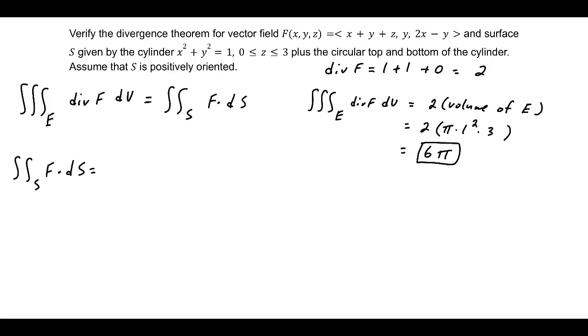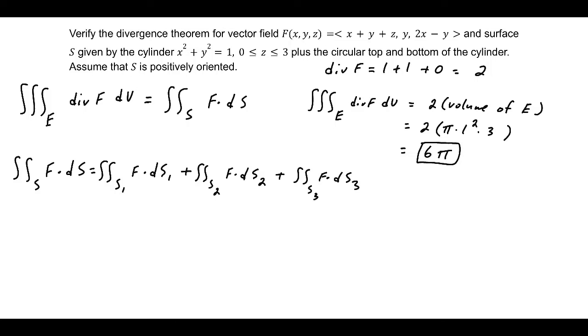We need to find the double integral over surface 1, which I'm going to define as the side of the cylinder, of F dotted with dS1, plus the double integral over surface 2 of F dotted with dS2, plus the double integral over S3, or surface 3, of F dotted with dS3. So we'll find these 3 separate things.